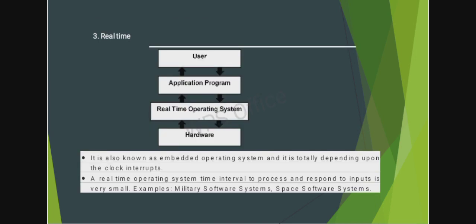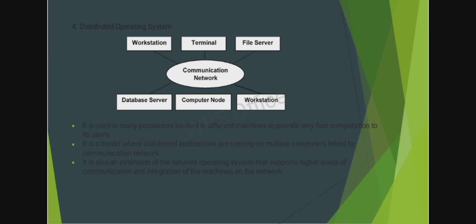Next, we have real time. Real time is also known as the embedded operating system and totally depends on the clock interrupts. In a real-time operating system, the time interval to process and respond to input is very small. Examples are military software and space software systems. Next, we have distributed operating system.